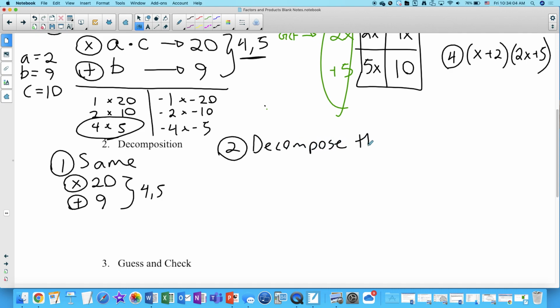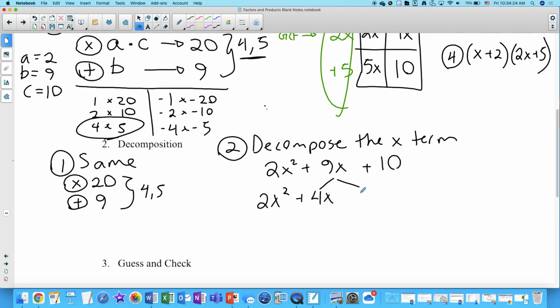So it started like this, 2x squared plus 9x plus 10. I'm going to split this up. And again, I'm going to use these two numbers to do so. So plus 4x plus 5x plus 10. Okay, so that's the decomposition step.